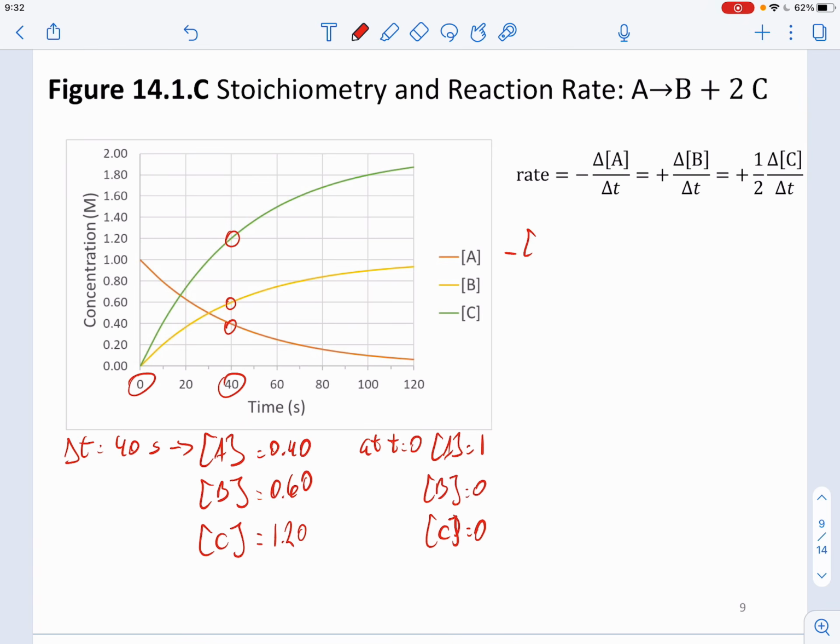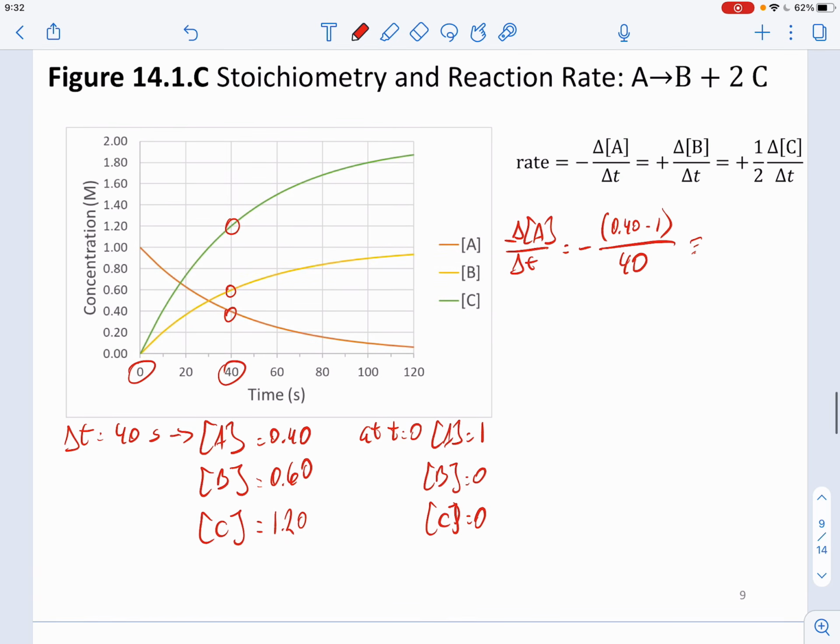Therefore, minus delta A over delta T is equal to minus (0.40 minus 1) divided by 40.